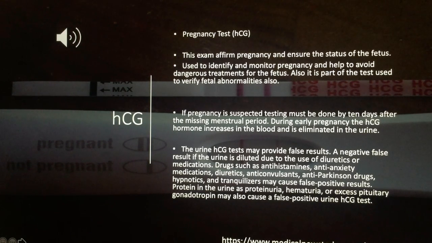The urine test of the HCG may provide false results. In some cases, there could be a false negative result if the urine is diluted too much, and the use of some medications such as antihistamines and diuretics may give a false positive result as well.